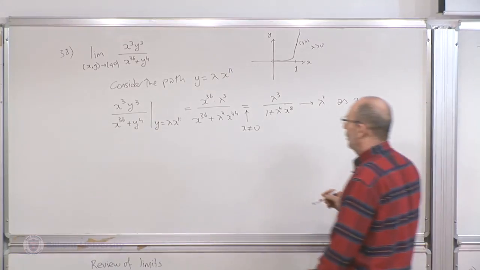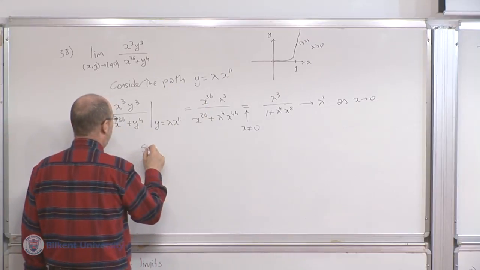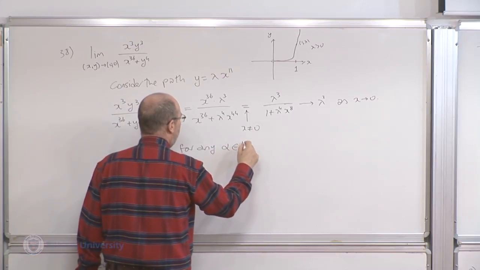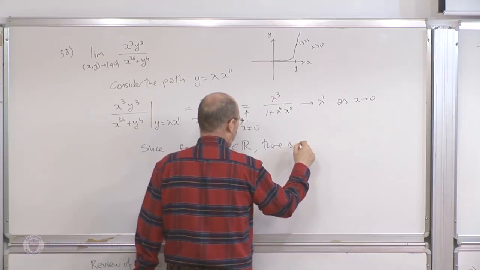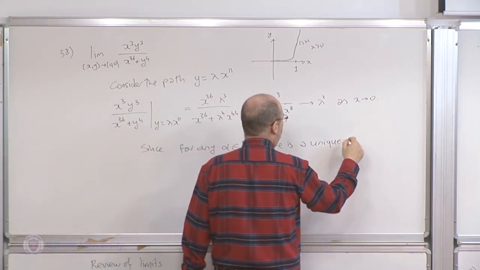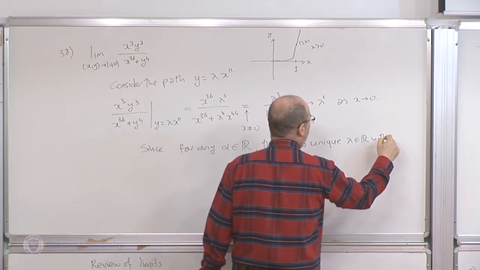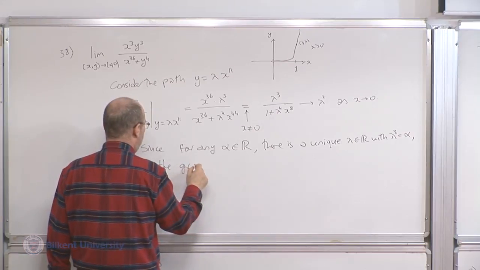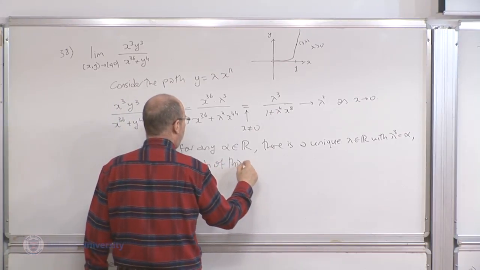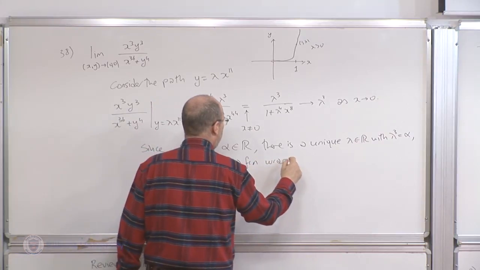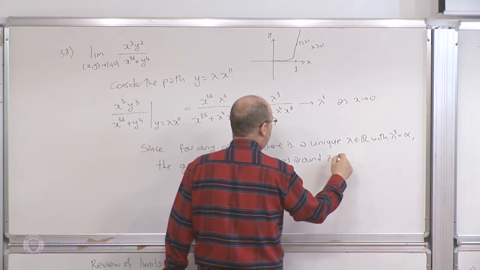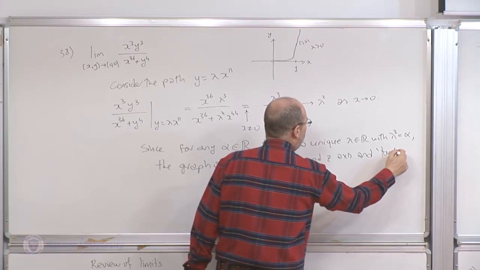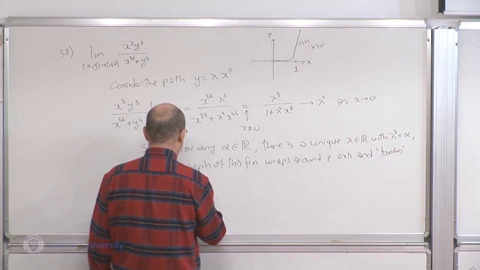So since for any alpha in R there is a unique lambda in R with lambda cubed equals alpha, the graph of this function wraps around the z-axis and touches it. Touches it in the limit at every point.